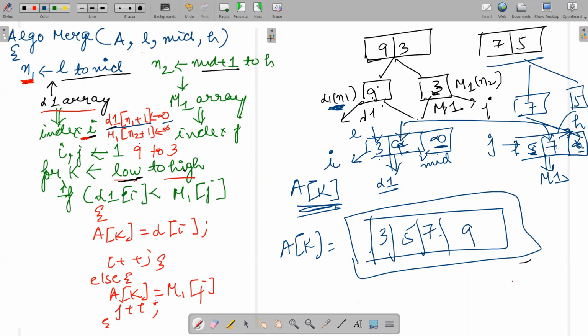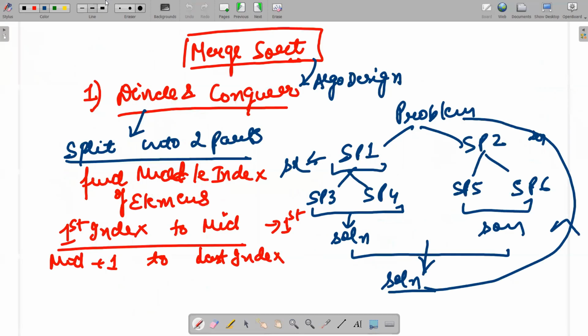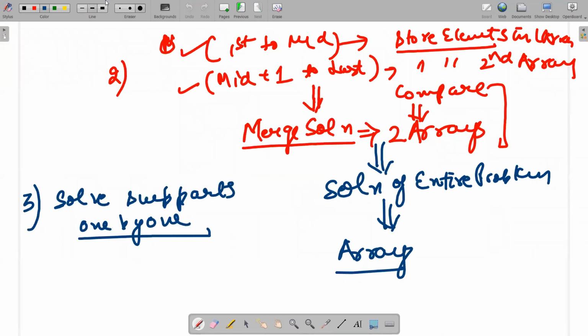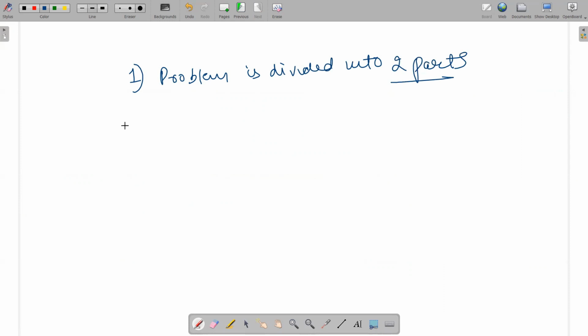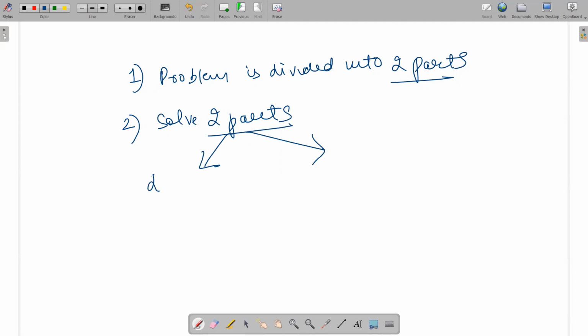So the important takeaways from merge sort are, firstly, the problem is divided into two parts, then we have to solve those two parts. How will we solve? Basically by taking both the two parts in separate arrays, L1 and M1.